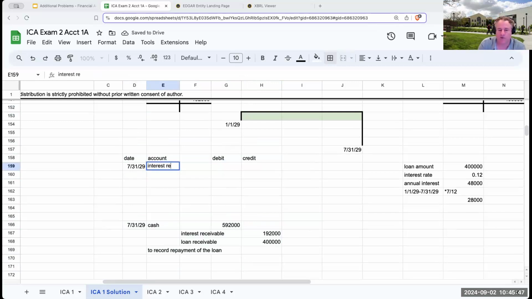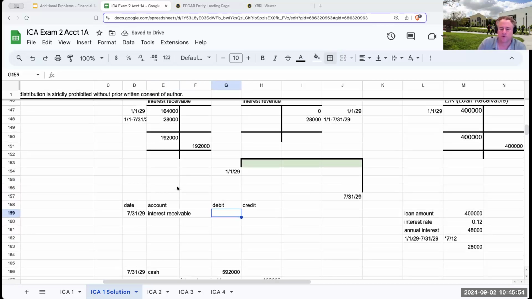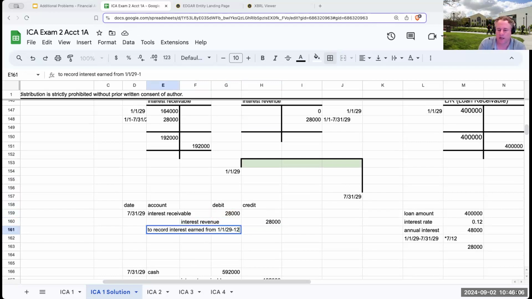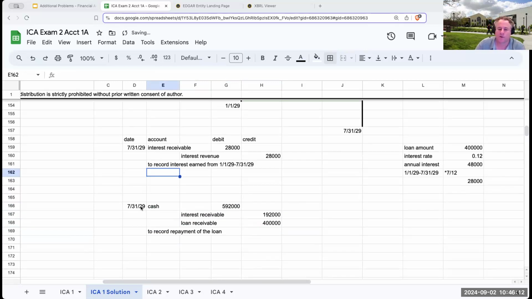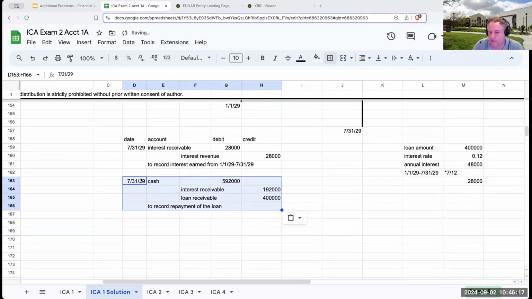I'm debiting interest receivable of 28,000, and I'm crediting interest revenue of 28,000 to record interest earned from 1/1/29 to 7/31/29. So this is really 2 journal entries that are taking place.